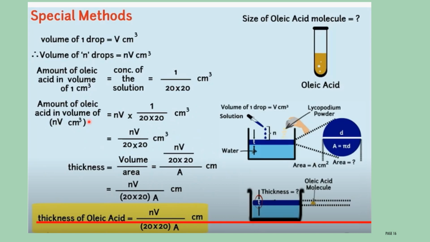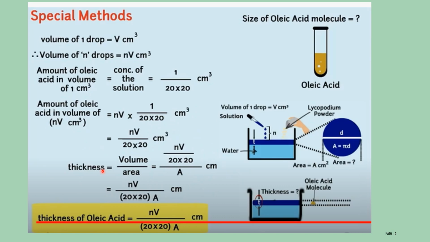Then the amount of oleic acid in a volume of n × V cm³: here you have the concentration for 1 cm³. If you want to calculate for n drops, then multiply nV by the concentration of the solution. Therefore n × V × 1/(20×20). Multiply nV by 1, you will get nV divided by 20×20 cm³.